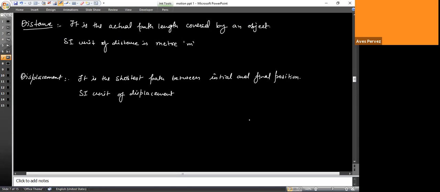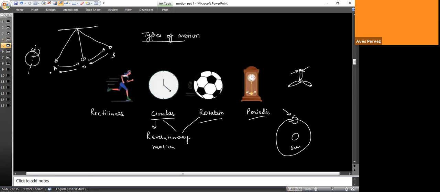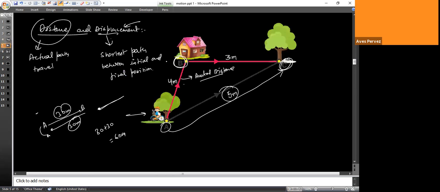It is simple, but let's give an example again. If a person is moving from point A and reaches point B, and then from point B he reaches point C, the distance will be 7 meters, 4 plus 3. And if you calculate the displacement, that would be 5 meters.